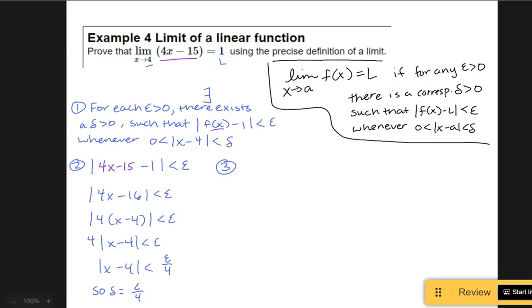So now, given any epsilon greater than 0, we can choose a delta equal to epsilon over 4.